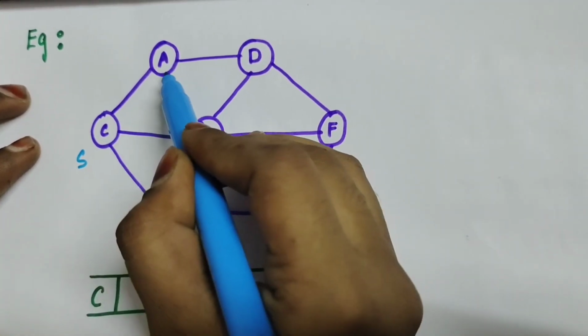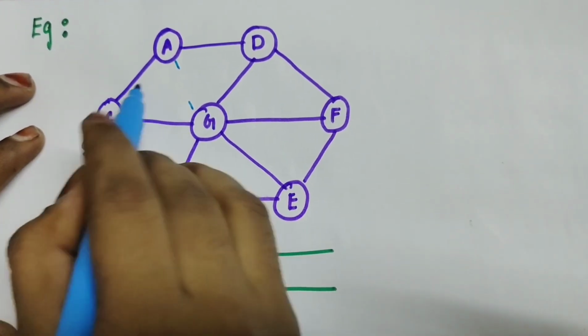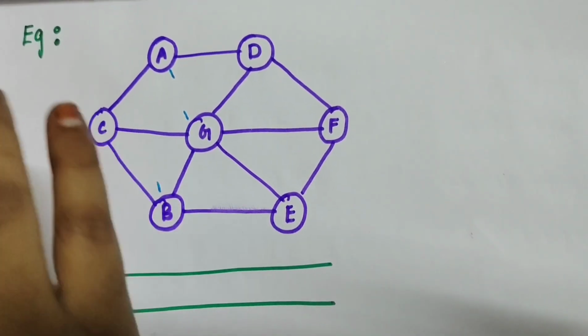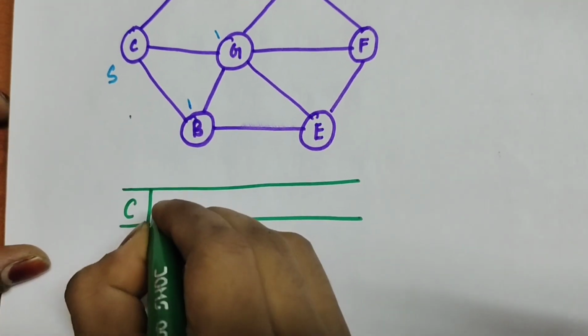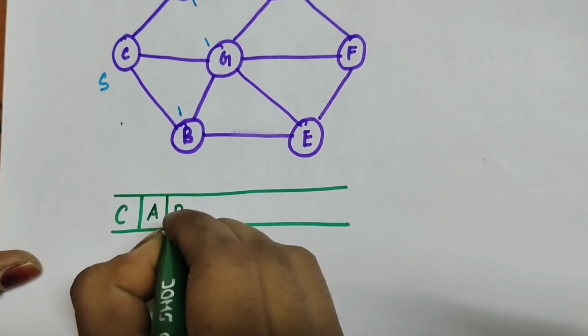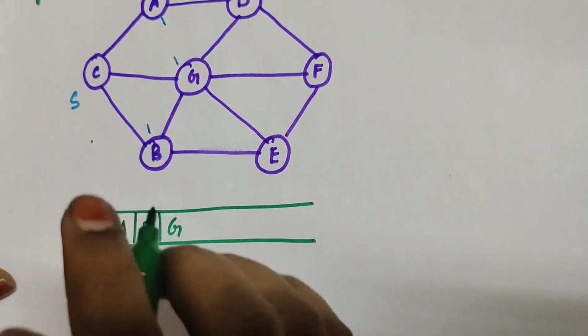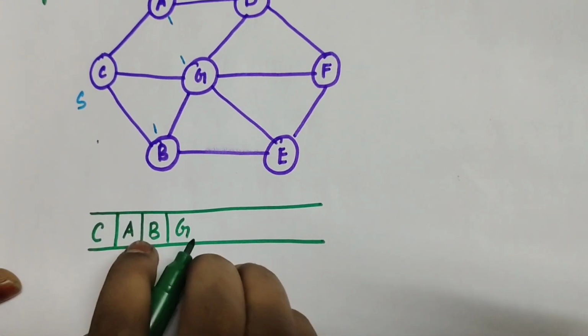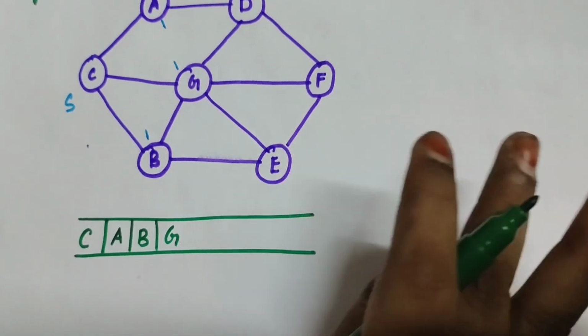The adjacent vertices of C are A, G and B. So we'll write C as the starting node and A, B and G. Writing this A, B, G can be in any order. You can even write B, A, G or G, B, A. That is your wish.